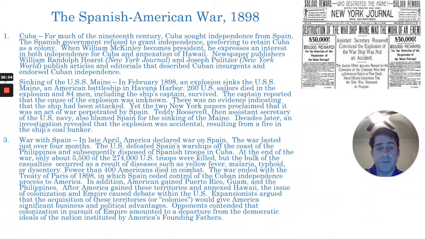It was just a malfunction within the ship's coal bunker with a fire that occurred, resulting in a massive explosion and the tragic deaths of so many U.S. sailors. Of course, it didn't matter by the time that this investigation was published.